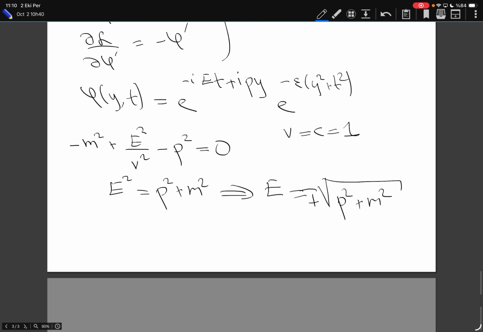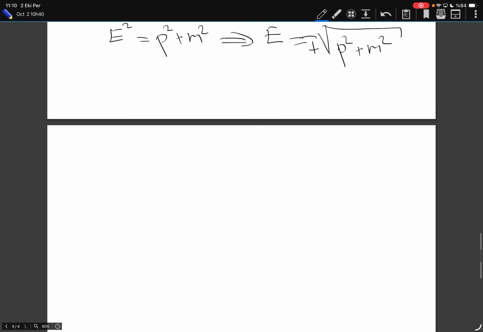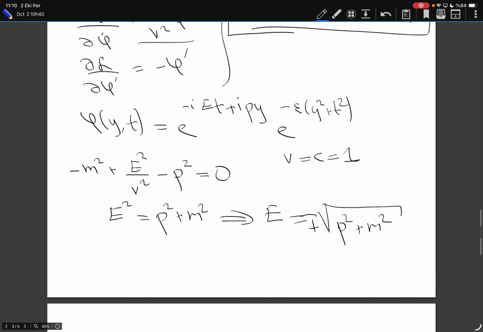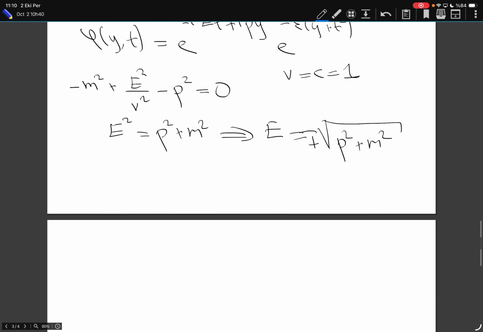Now, let's go ahead and try to quantize this. Let me first write the solutions. I know the possible energies as a function of the momentum. So the general solution for phi of y and t will be, let me use this notation, d squared y. Eventually I will move to four-dimensional space-time, so that will be d4y, and the generalizations will be almost trivial.